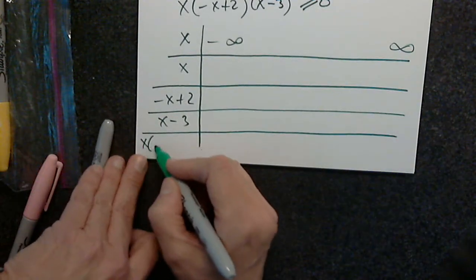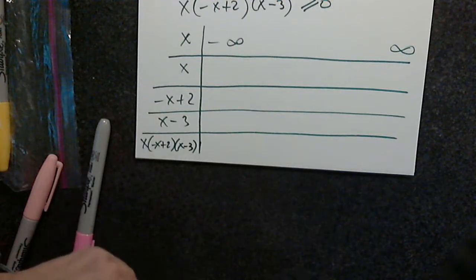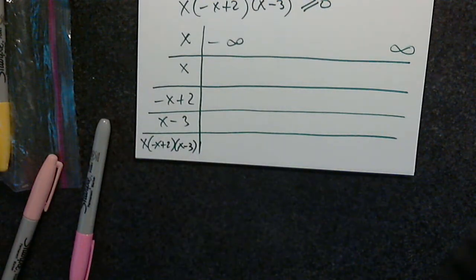So this is x, negative x plus 2, x minus 3. Let's stop for a moment, because I'm sure you're asking yourselves, what is she doing? What is this? Notice that the first row in the table consists of values of x, because the variable in the problem is x.